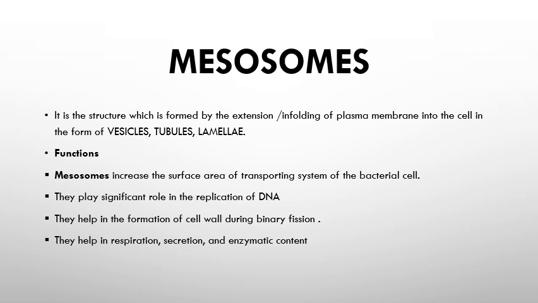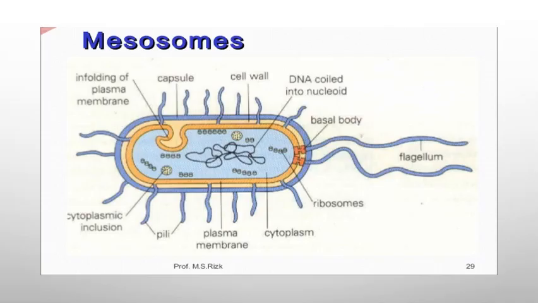The mesosomes are the structure which is formed by extension and infolding of the plasma membrane into the cell. You can see in this image this infolding, where I am pointing out the structure. This is the infolding of the plasma membrane, and that extension of the plasma membrane is known as mesosome.